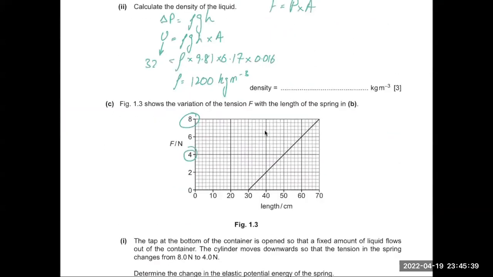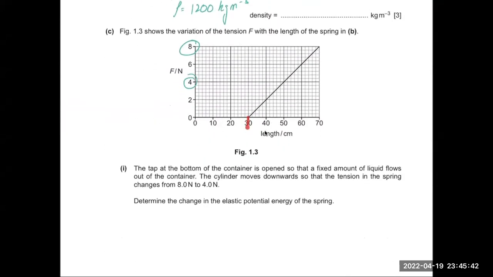I don't know if they've mentioned it here. They haven't. So this 30 centimeters is the natural length. So at 30 centimeters, the extension is 0. I'm plotting the extensions below the length. At 40 centimeters, the extension is 10. At 50 centimeters, it's 20, 30, 40. Now I can use the area under the graph.